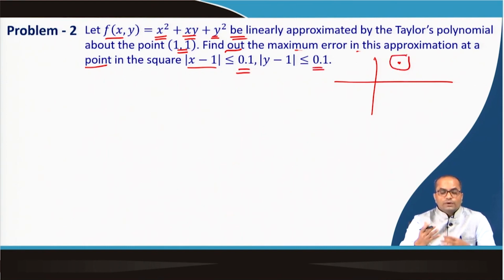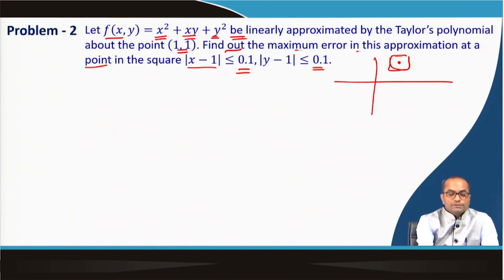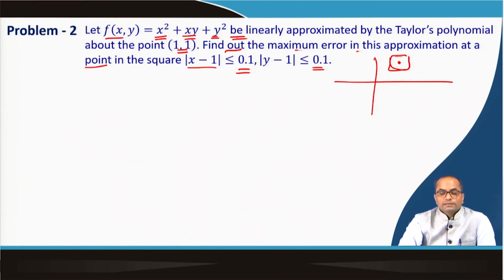So, around this square or around this point (1,1) there is a square here, where we are saying that what would be the maximum error of this approximation if we approximate this by the linear polynomial, the linear Taylor's polynomial, then what will be the maximum error if we take any point in this square.